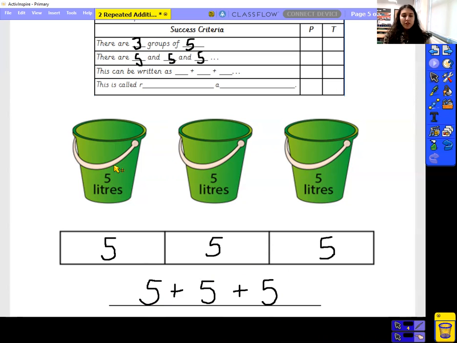That's right, each 5 represents the 5 litres inside each of my groups. And that's why I've got 5 3 times in my repeated addition, because I've got 3 buckets over here. I've got 3 separate groups. So in my repeated addition, I will have 5 and 5 and 5.